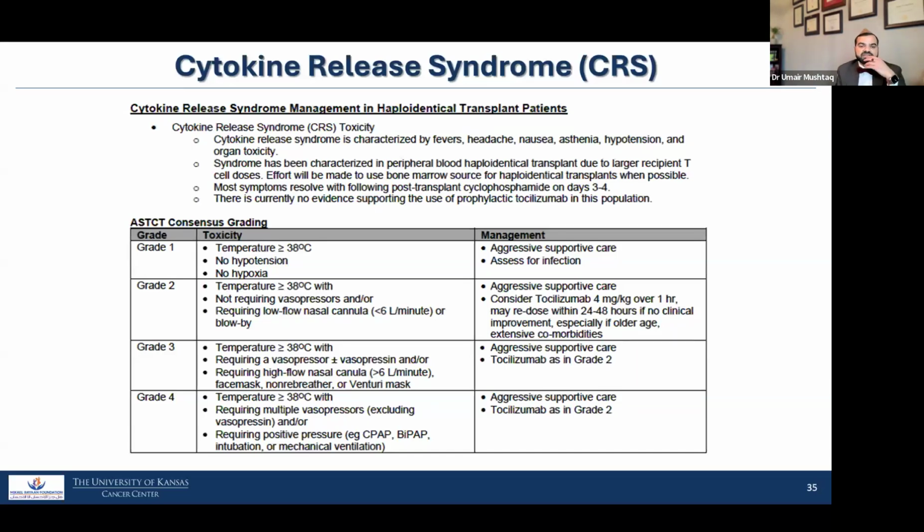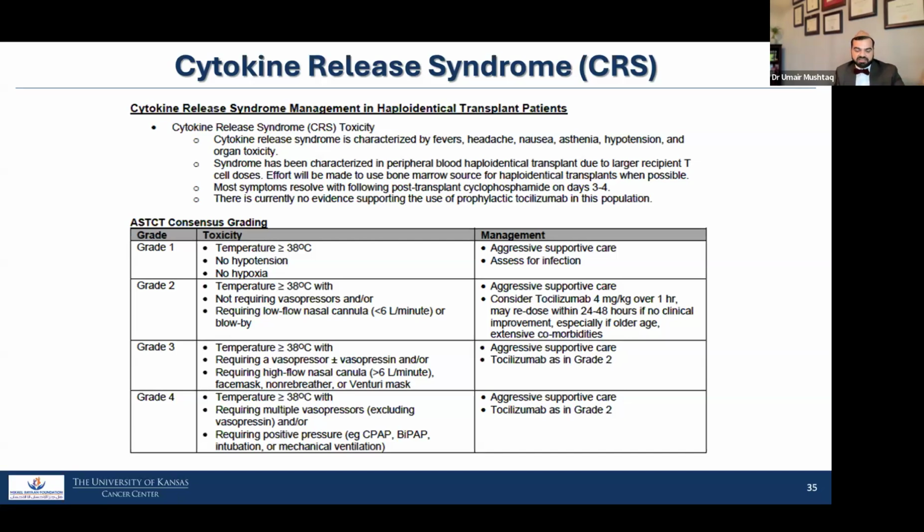So after the graft, once GVHD prophylaxis is given, one of the early concerns is cytokine release syndrome, especially when you're using PTCy-based prophylaxis. You have not given these patients ATG, so they're not lymphodepleted. Now you give them a mismatched graft, so they can have CRS, essentially an infusion reaction with that half-matched haplotype.